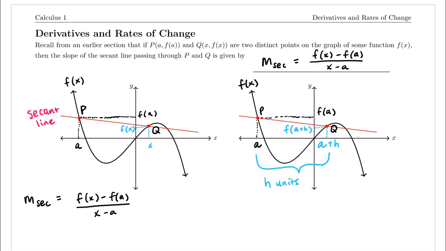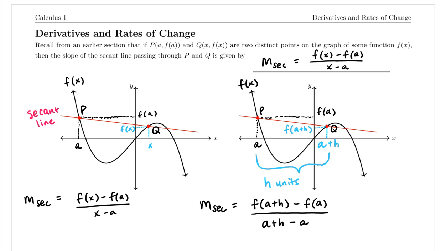So let's come up with a formula for the slope of the secant line in this second image as well. We have the slope of the secant line is equal to y2, which in this case would be f of a plus h, minus f of a, so that's y1, over, now I need to subtract the x-coordinates. x2 would be a plus h, and then x1 would be a.